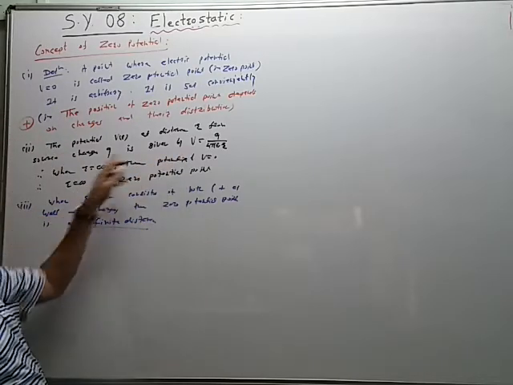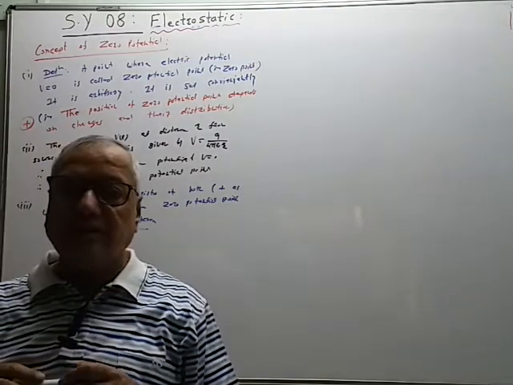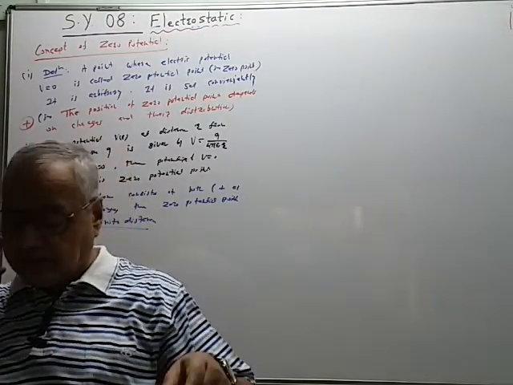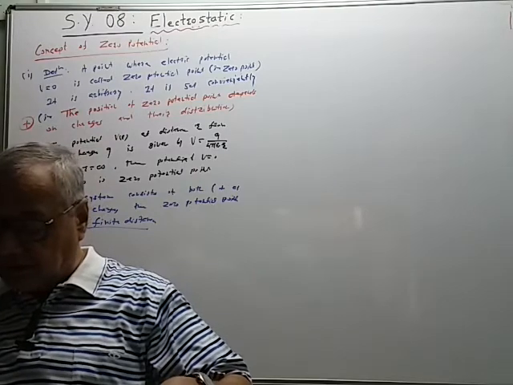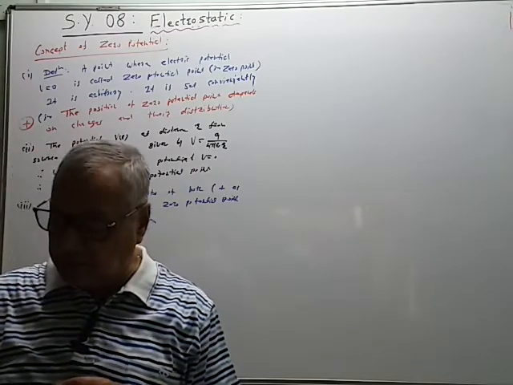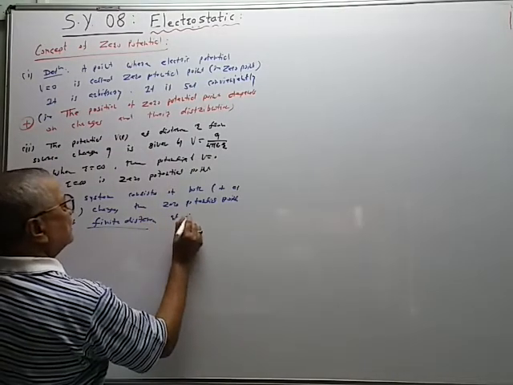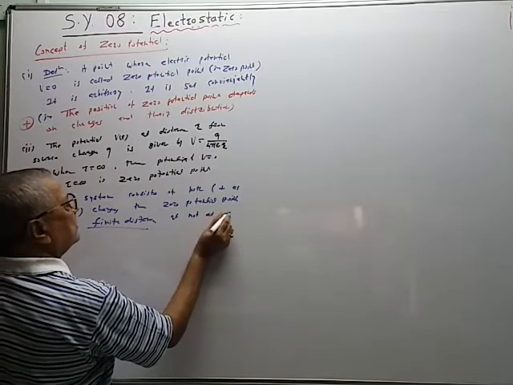It is not every time at infinity, it is at finite distance depending upon the charges and charge distribution, like this. So this is the second point. It is at finite distance and not at infinity.